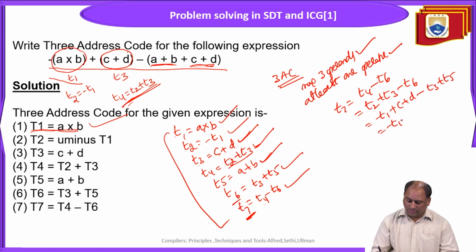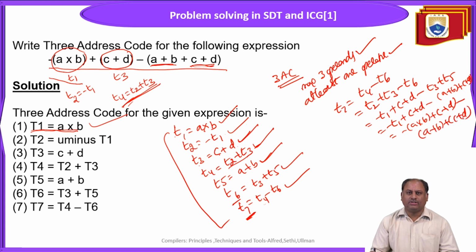Now minus t1 plus c plus d, minus t3, where t3 is c plus d plus t5, that is a plus b plus c plus d. Now minus t1, what is t1? Minus a into b plus c plus d minus a plus b plus c plus d. Now this is the final result.